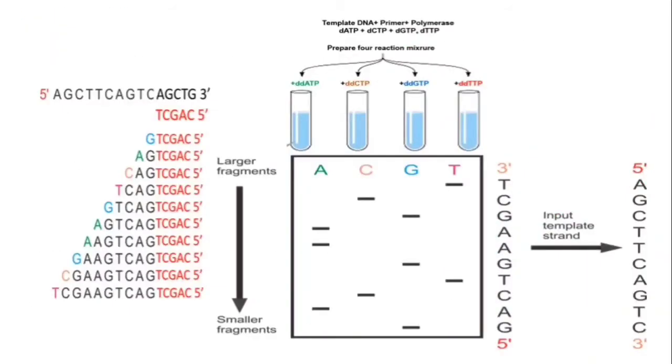We can see in this figure how the Sanger's method of sequencing is done. Here you can see we take template DNA, primer, and DNA polymerase, and normal dATP, dCTP, dGTP and dTTP, and make a reaction mixture.